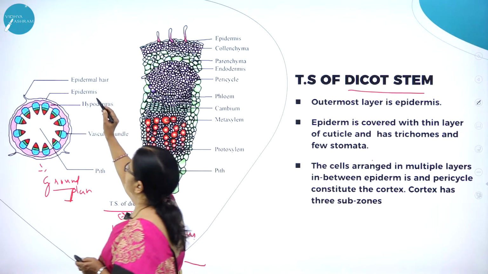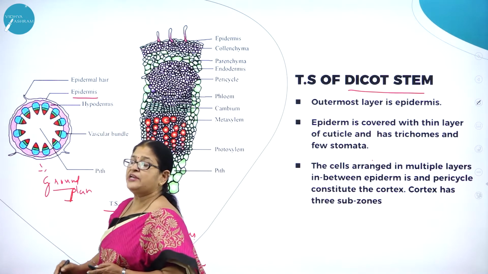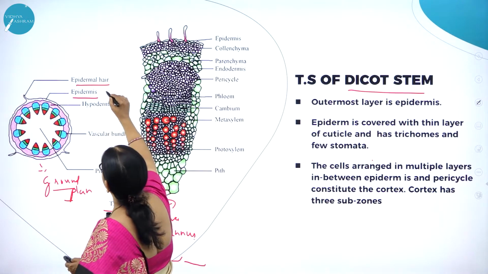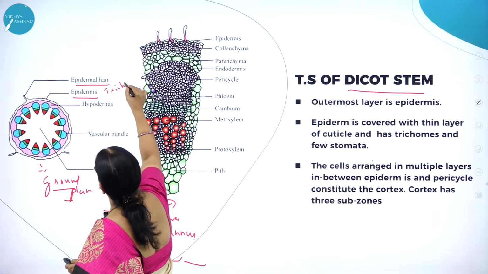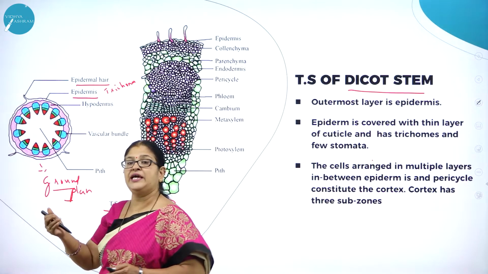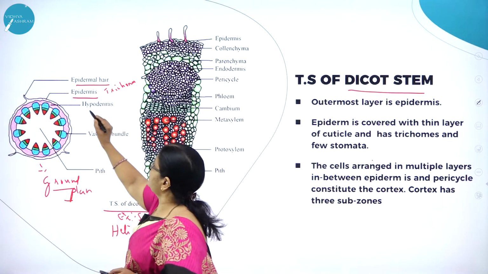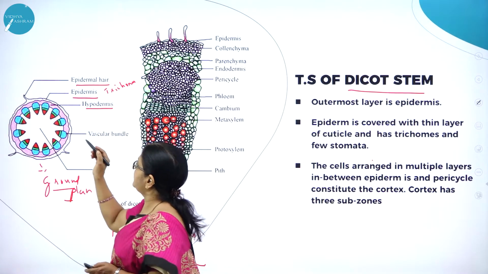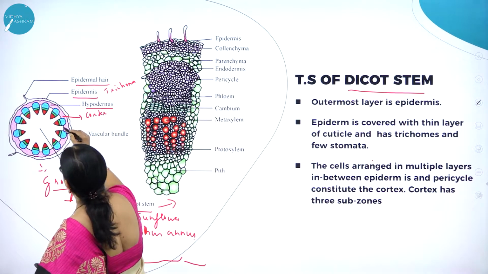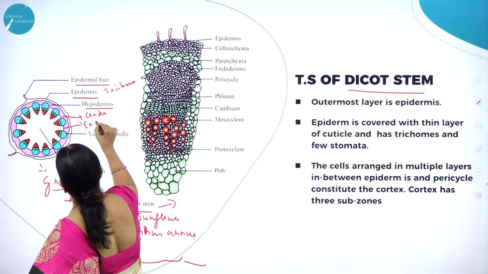The outermost layer is the epidermis, giving rise to unicellular extensions called epidermal hair, or trichomes. Next comes the hypodermis, the layer below the epidermis. Next comes the cortex, and this is the endodermis.